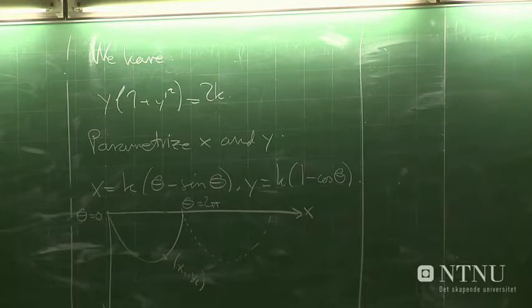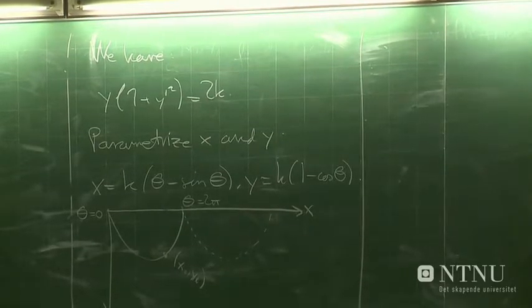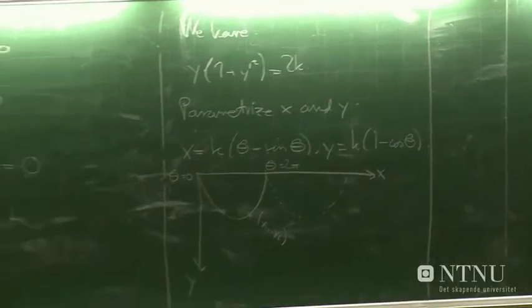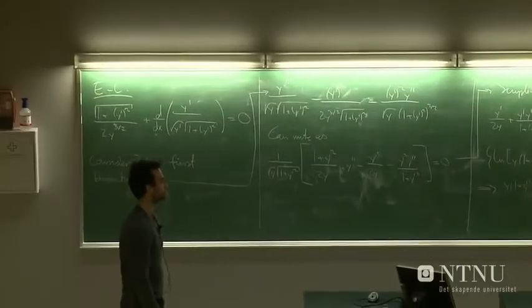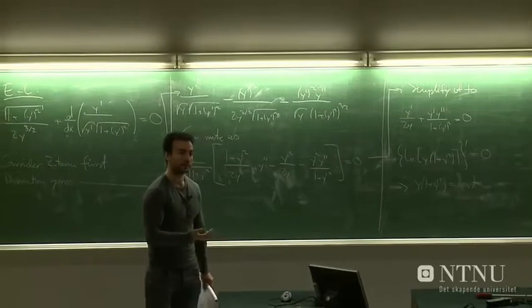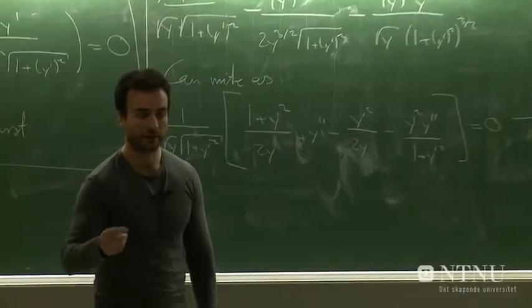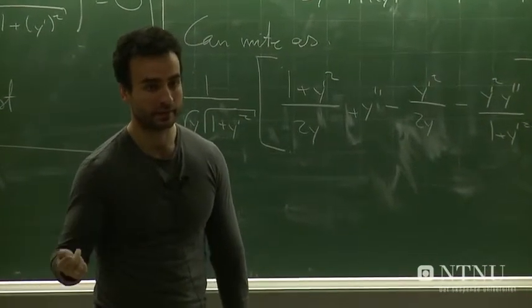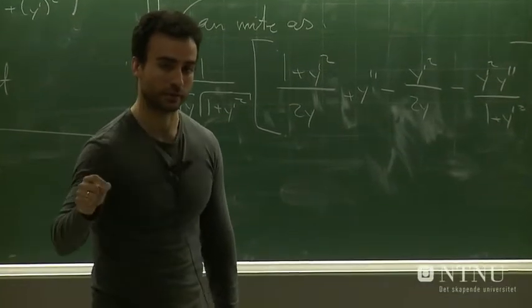So the example with the minimum surface area and this brachistochrone problem serve to illustrate how you can use the Euler-Lagrange equations for practical purposes and actually make statements about the extremal values of some quantity which you want to find the extremal value of. For instance, the minimum. And again, we can be sure that this is a minimum because we can always find a path that will increase the time that it takes for the particle to travel from 1 to 2.